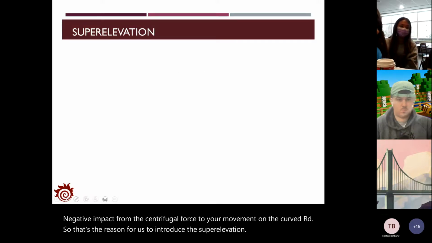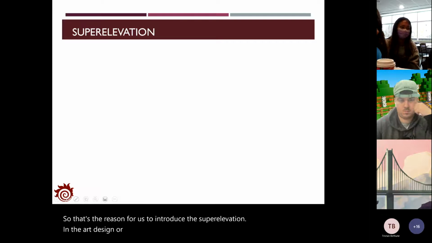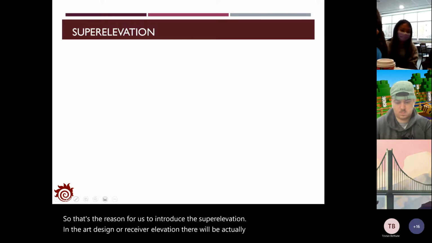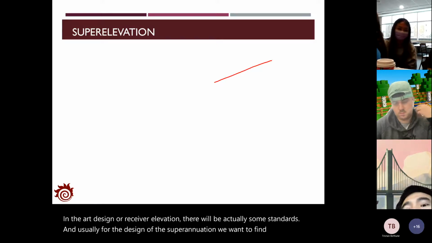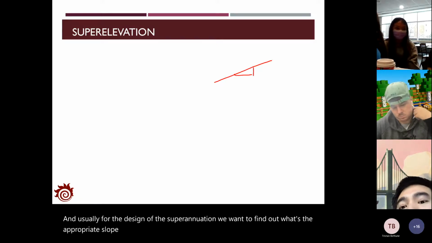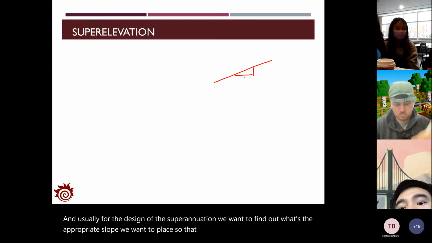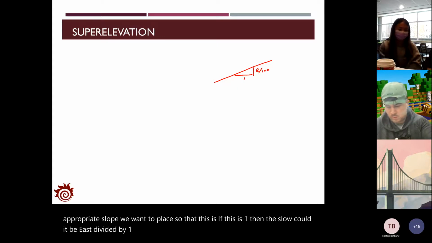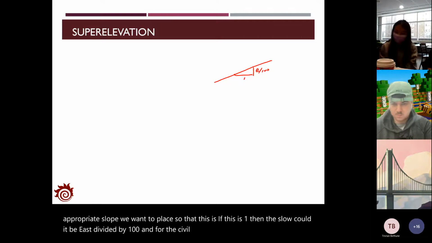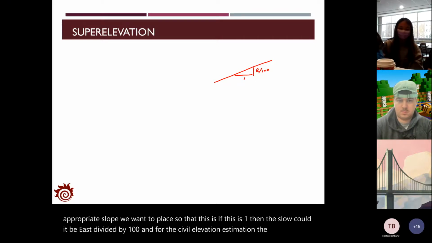In the design of the super elevation, there will be actually some standards, and usually we want to find out what's the appropriate slope we want to place. Say that if this is 1, then the slope could be e divided by 100. And for the super elevation estimation, the railways and the freeways will be very different.